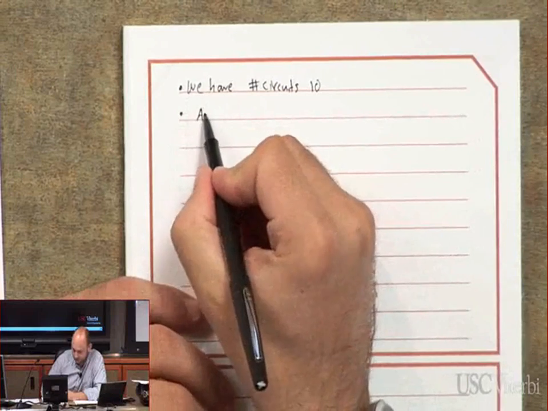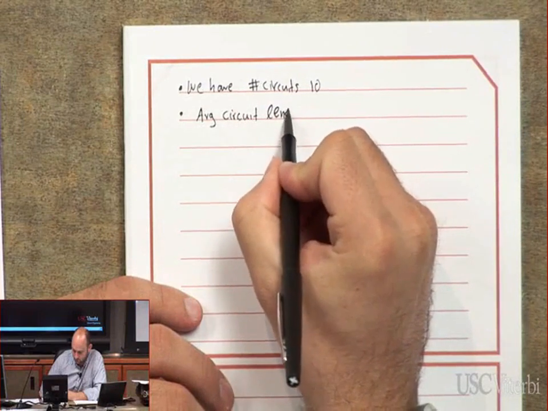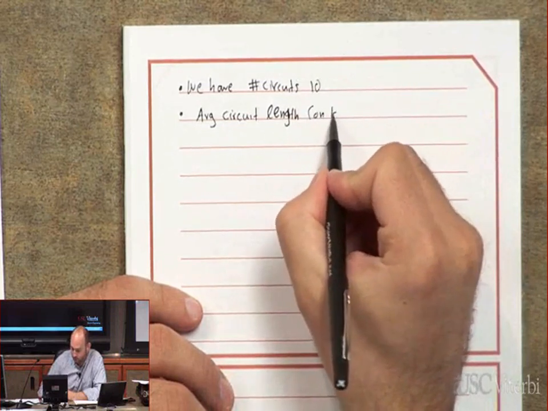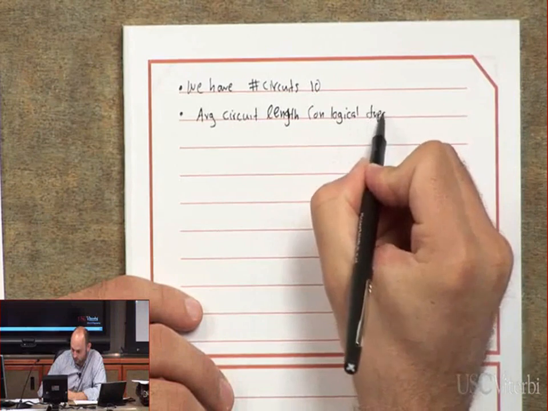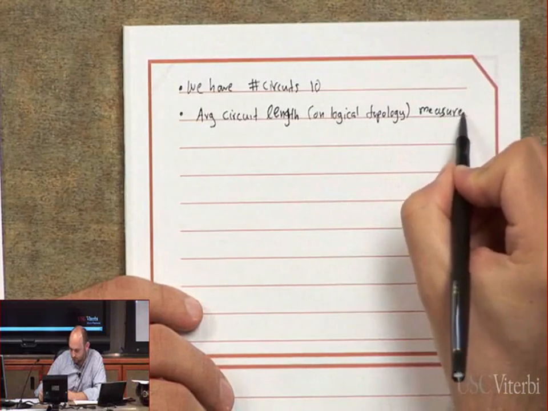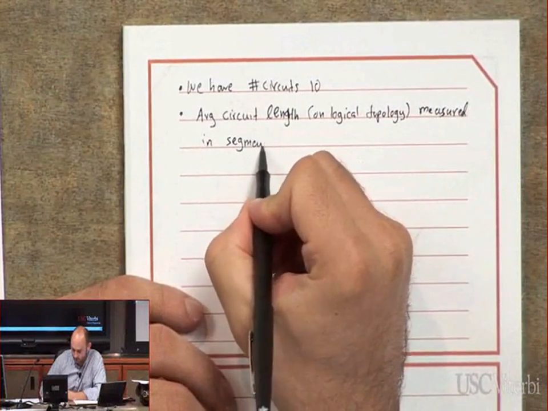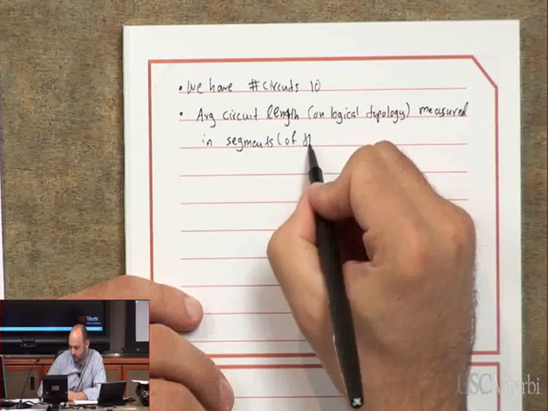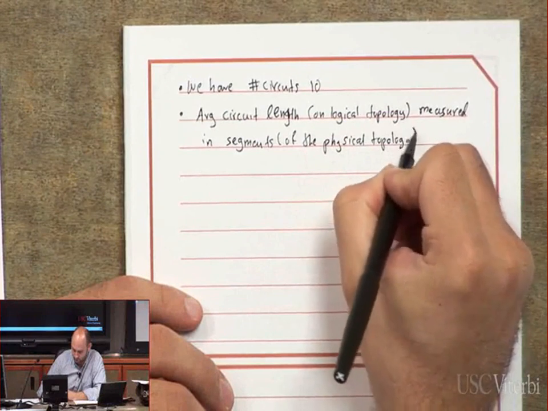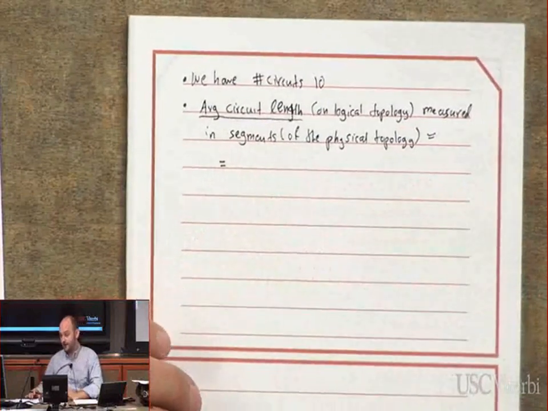Average circuit length on logical topology, measured in segments of the physical topology, is equal to average circuit length, okay?